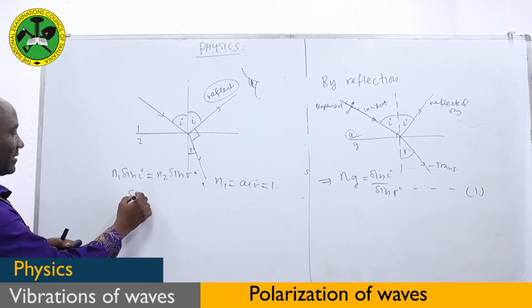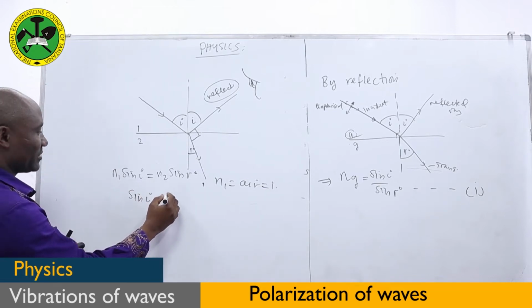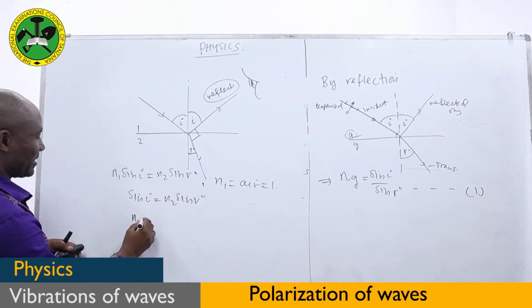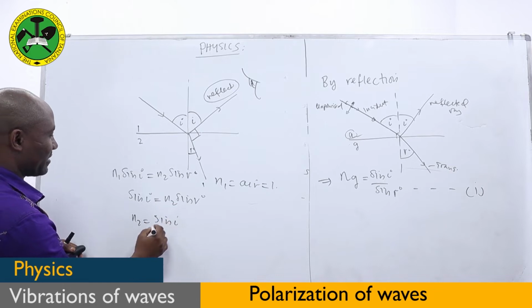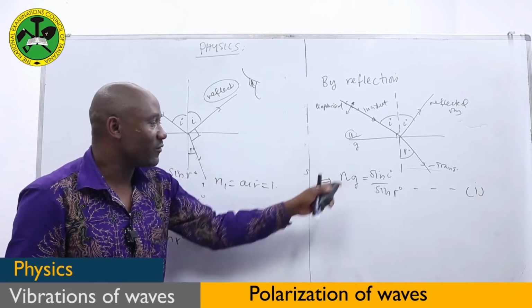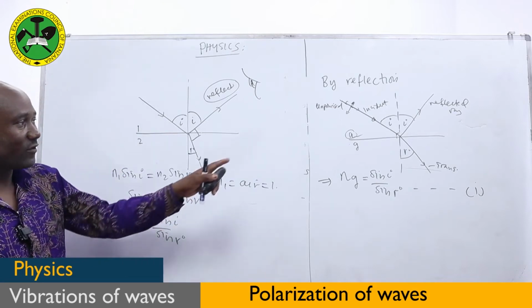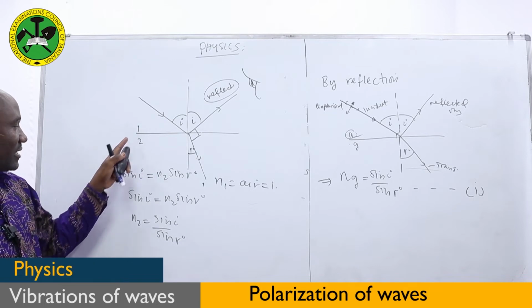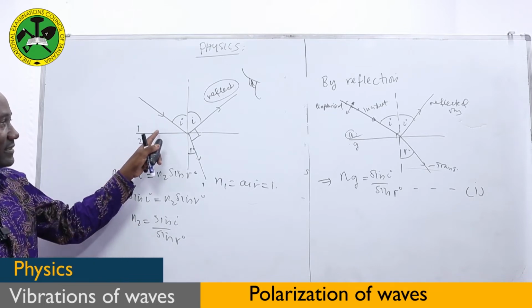So you have sine I equals N2 sine R, and that holds when the medium involved is air. When the medium involved is not air, you are supposed to consider the first medium where the light comes from.